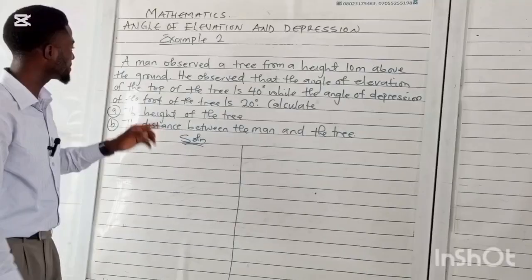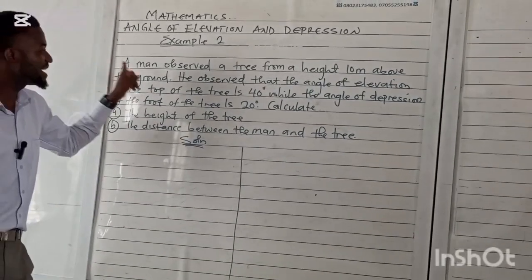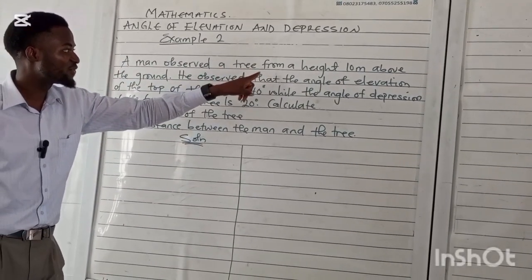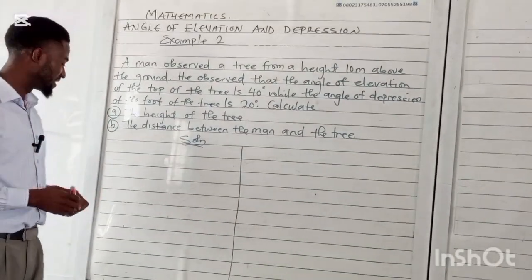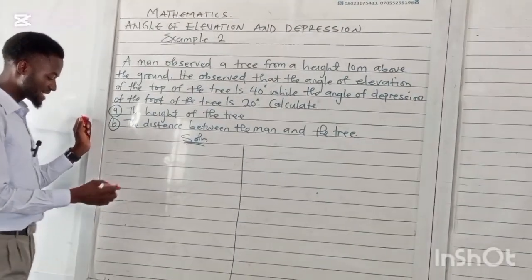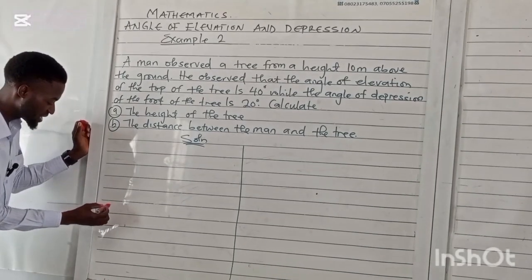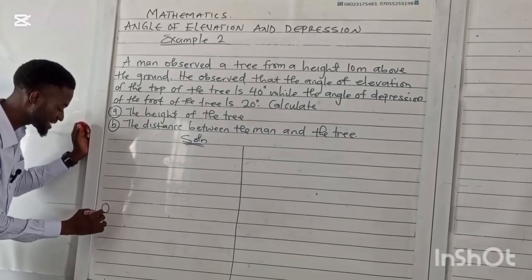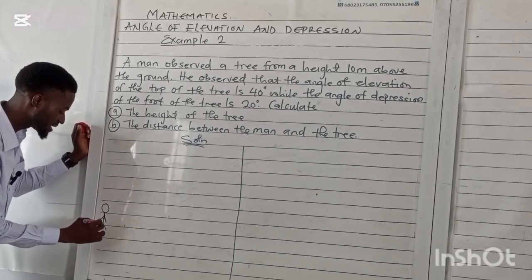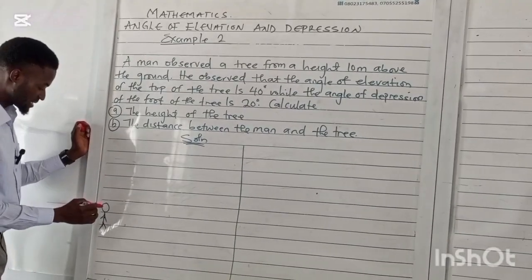Okay, so first of all, the man observed a tree from a height of 10 meters above the ground. For example, let's say this point is the man's eye, the side.